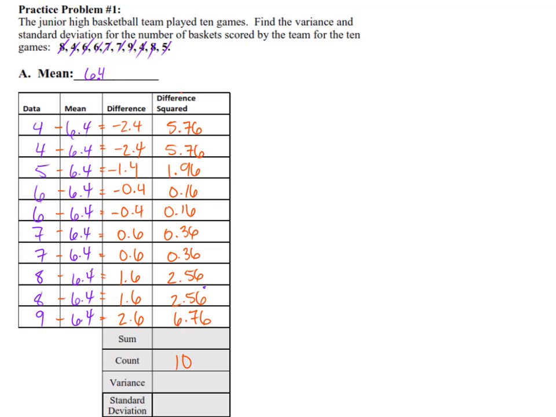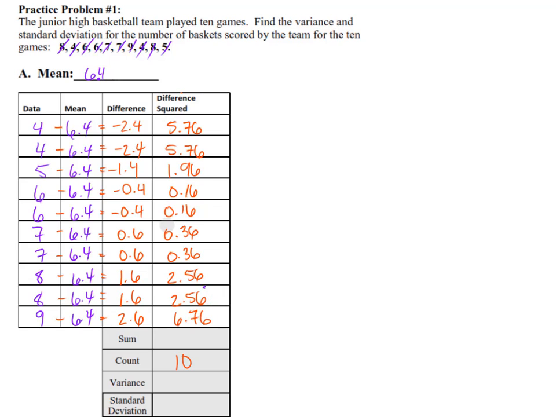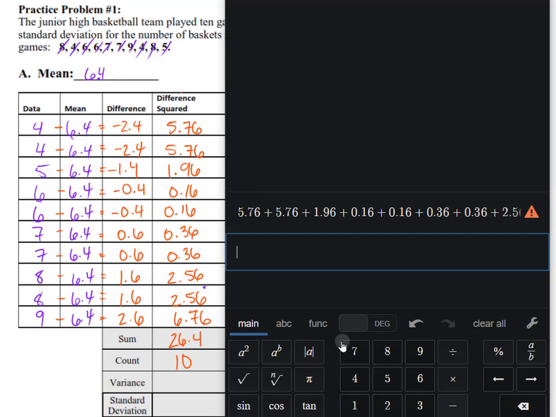So let me add all these decimals up here in Desmos. All right, so adding them all up, all 10 numbers are in here. You add all of these up, we get 26.4. Let me mark that in here, 26.4. And then we're going to want to take our answer and divide it. Oops, go back here, I guess. Enter, give me the answer.